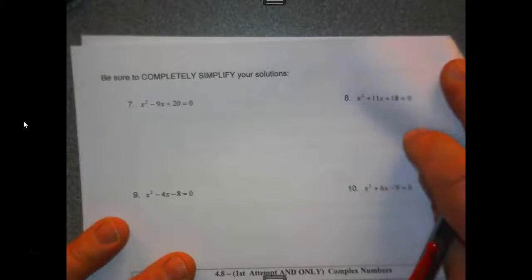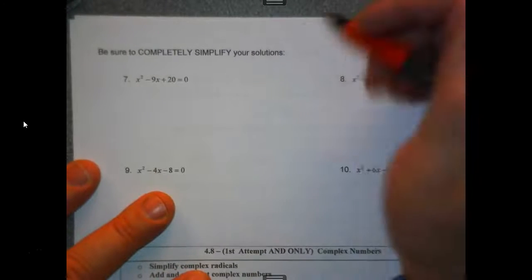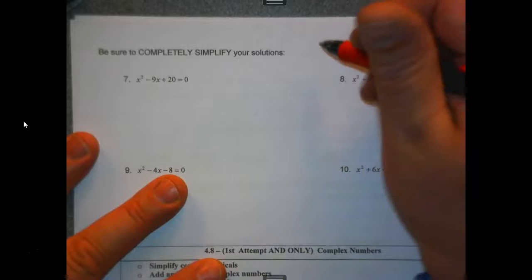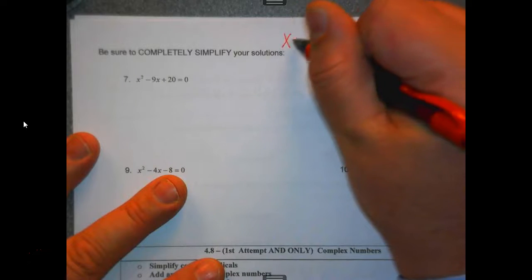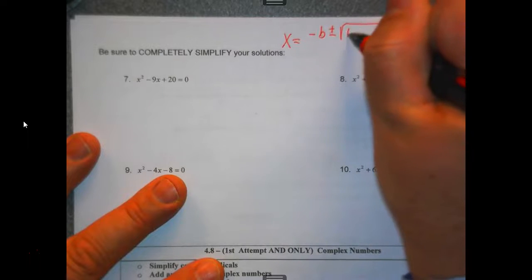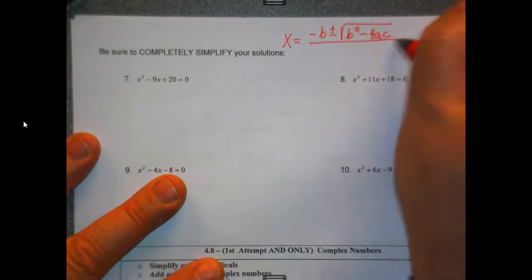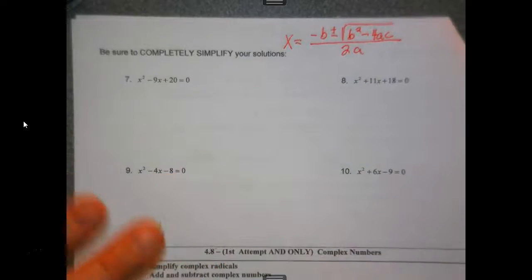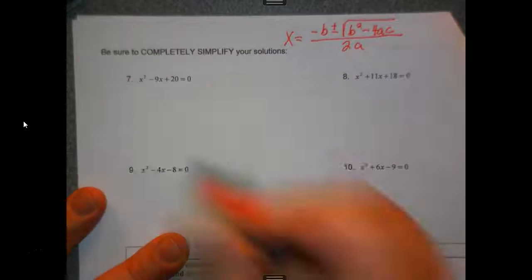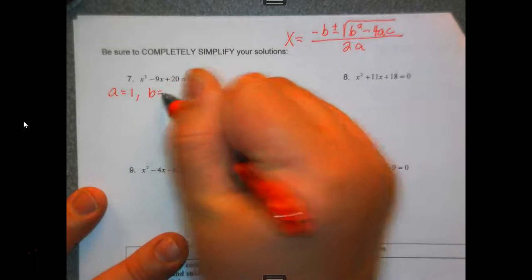Okay, the next 4 problems, 7 through 10, you're supposed to use the quadratic formula. We all know how to do this, right? We did so many problems on our homework. Let's see, x equals negative b plus or minus the square root of b squared minus 4ac all over 2a. Number 7, what's my a? That's right, kids, 1. What's my b?